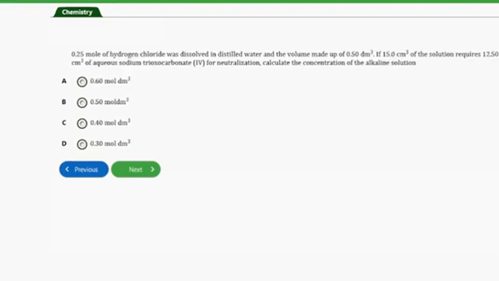It says 0.25 moles of hydrogen chloride was dissolved in distilled water, and the volume made up to 0.50 dm cube.